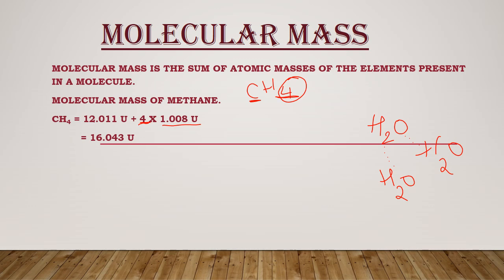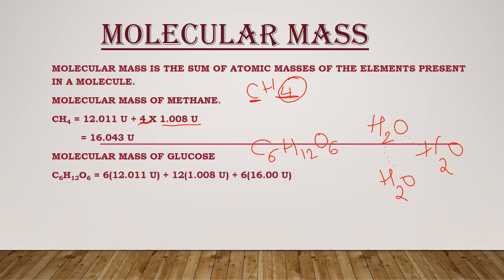Similarly, if we want to calculate the molecular mass of glucose, one molecule of glucose has 6 atoms of carbon, 12 atoms of hydrogen, and 6 atoms of oxygen. So we need to be careful and make sure that the atomic mass of carbon is multiplied by 6 because we have 6 carbon atoms. The atomic mass of hydrogen has to be multiplied by 12 and the atomic mass of oxygen has to be multiplied by 6.